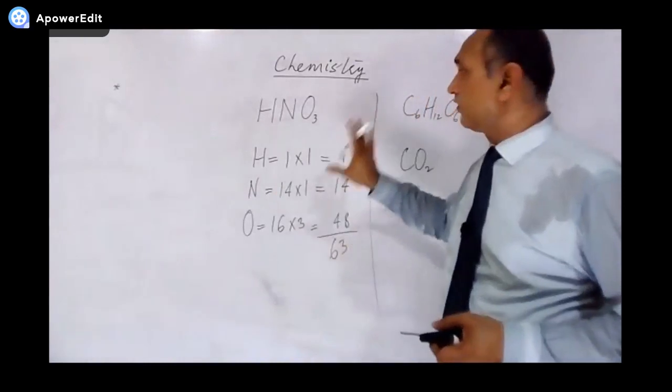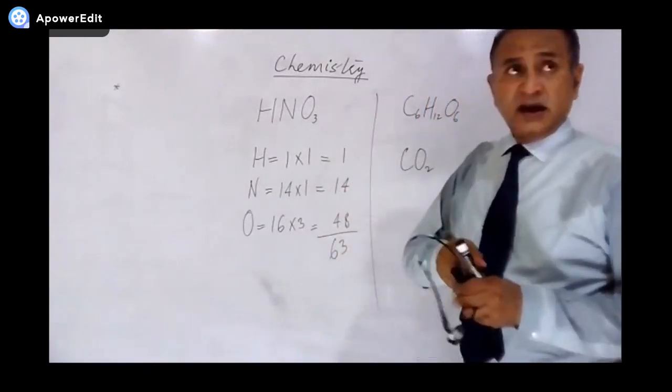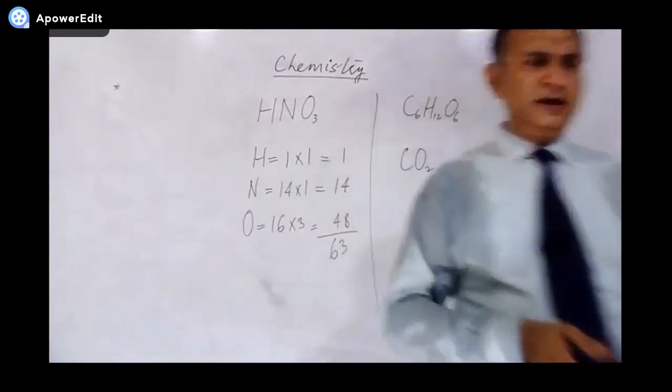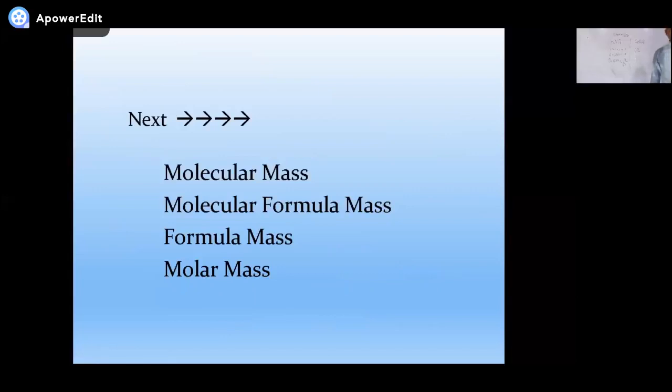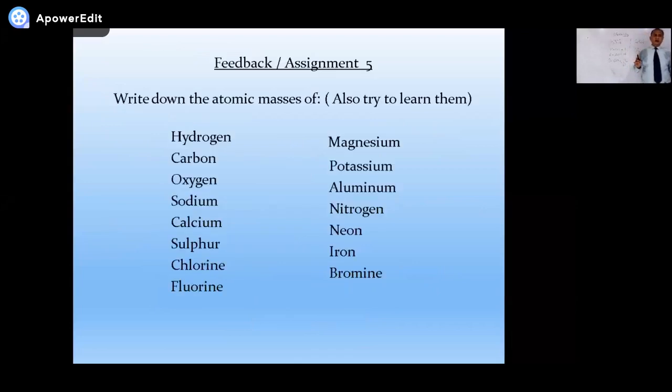Just go through whatever I have just told you. Next we continue with molecular mass, molecular formula mass, and molar mass. We'll practice, practice and practice. You should know the basic concepts of chemistry. It is very easy; you can finish it within 2 or 3 minutes.